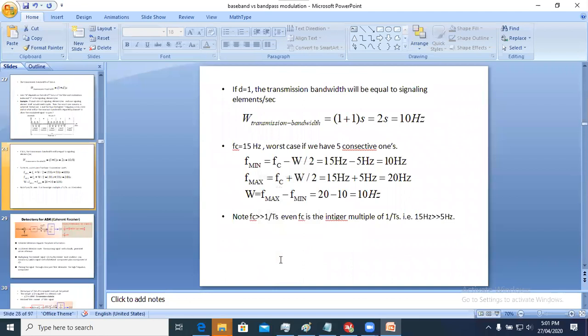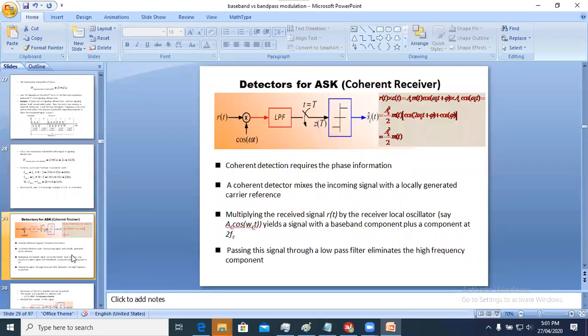Now we see that for this ASK we need the modulation and demodulation scheme. So demodulation is, in fact, that we multiply it with the carrier having known phase, or having zero phase. So the received signal has some phase component.